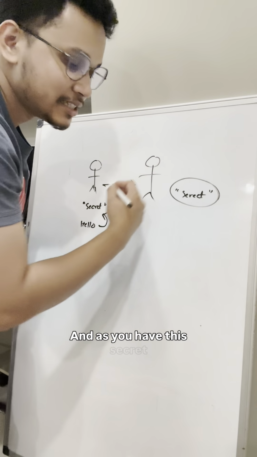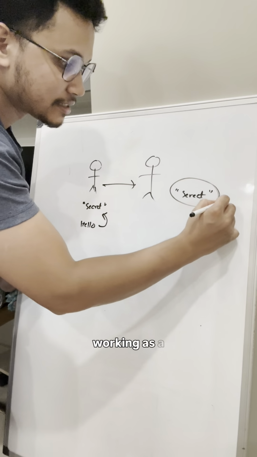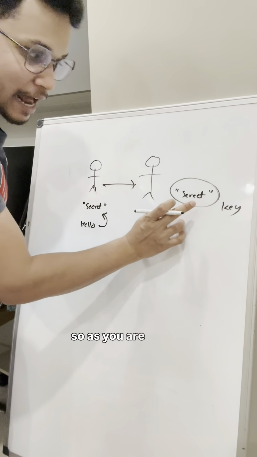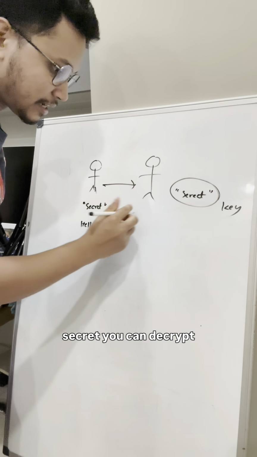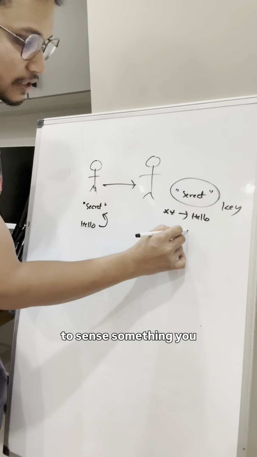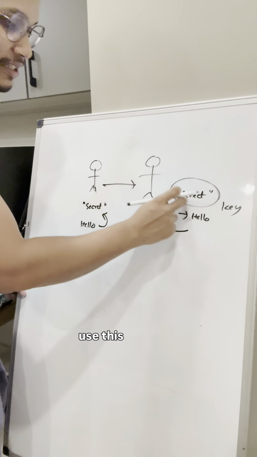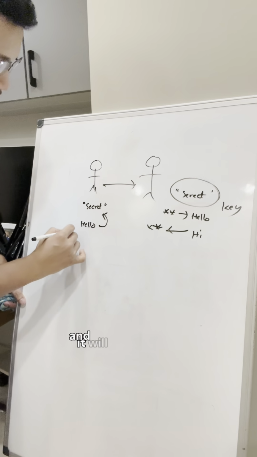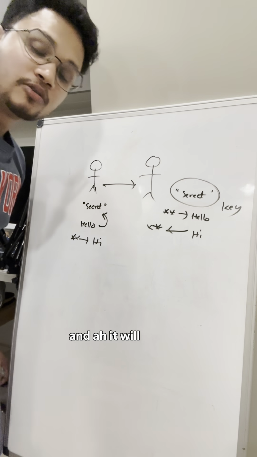As you have this secret as well, it is now working as a symmetric key, so you can decrypt that into "hello". If you want to send something, you can again use this secret to encrypt it, and it will be received and decrypted again.